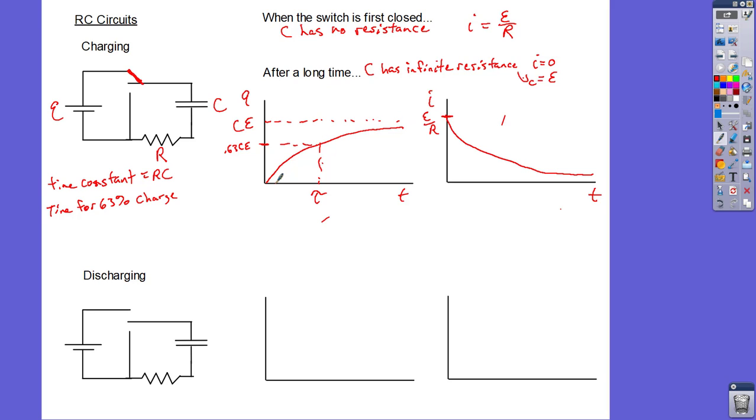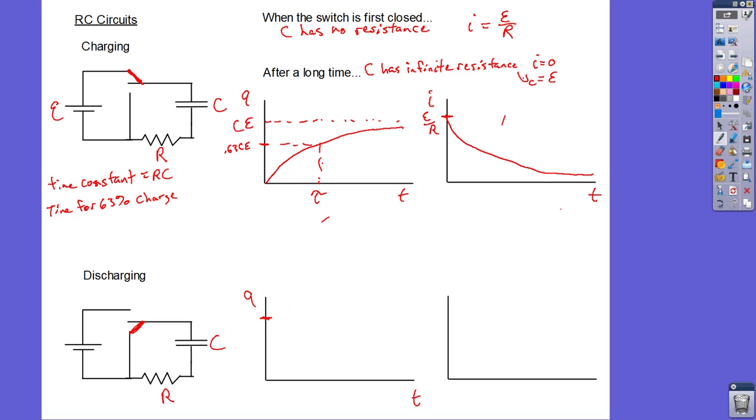Now when you're discharging, that's when we have fully charged this, and then we move that switch there. So in discharging, similar kind of thing, we're going to start off with a maximum charge, and I have to say charging is more the thing that we do.